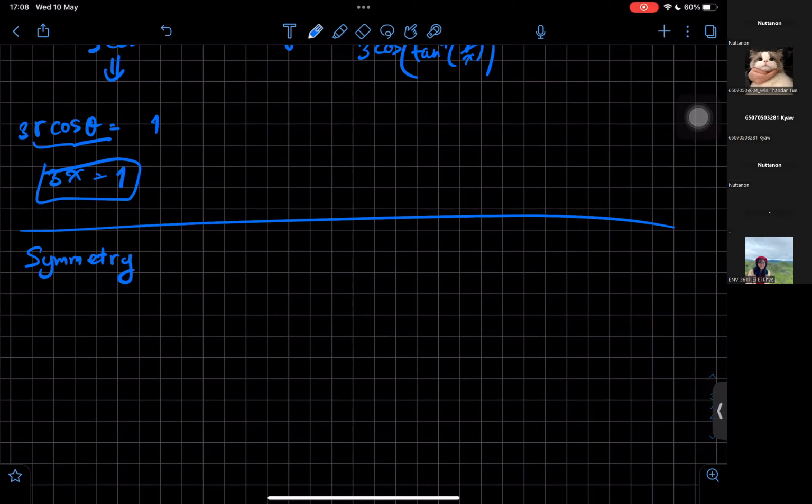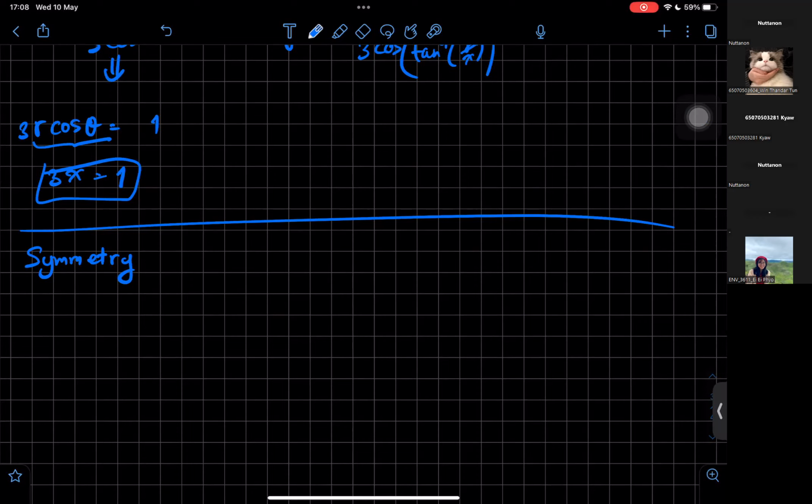So the next thing I want to tell you about is the symmetry in polar coordinates. In the rectangular coordinates, I think you are already familiar with odd function and even function, right?